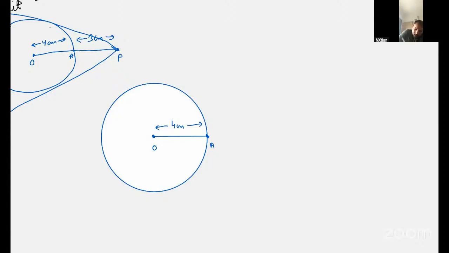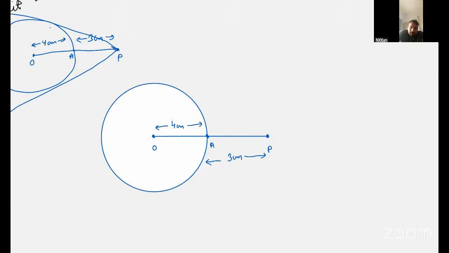So I'll draw it. So this will be P, which is 3 centimeter. The total will become 7 centimeter. Did you understand? Hello guys, did you understand? Yes.